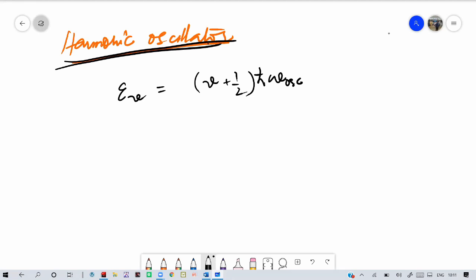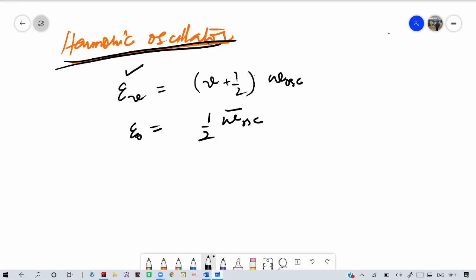And for the ground state, that is the zero point energy, E_0, it is ν equal to 0. It is 1/2 ħω_oscillations.